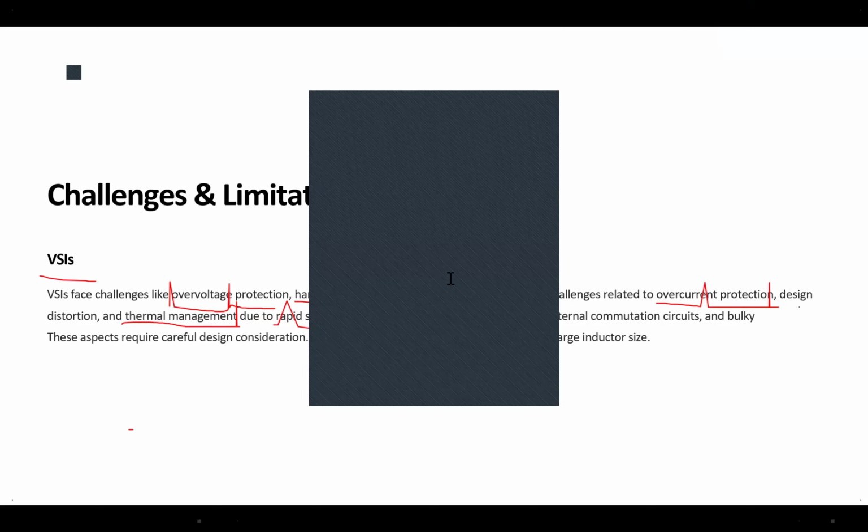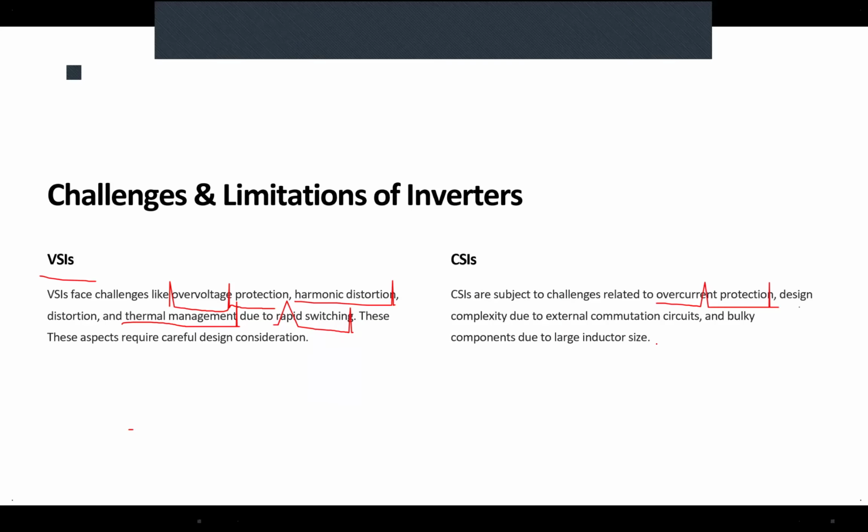Okay, and yes, there is a very good example when we talk about the power sources in the lab that you had, like in C lab or E lab. When you put it in a CC mode, a current mode, the overcurrent protection would kick in. Okay, so this is one of the situations.